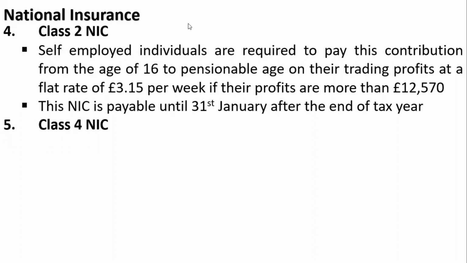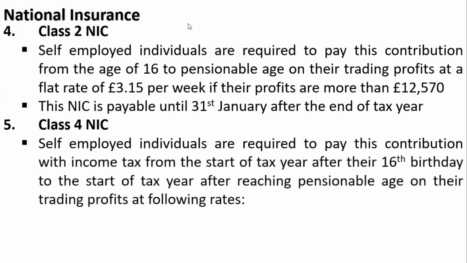So next is class 4 NIC, the last one. This is again paid by self-employed individuals after their 16th birthday, or you can say 16 years of age from the start of the tax year, after reaching pensionable age, on their trading profits at the following year.